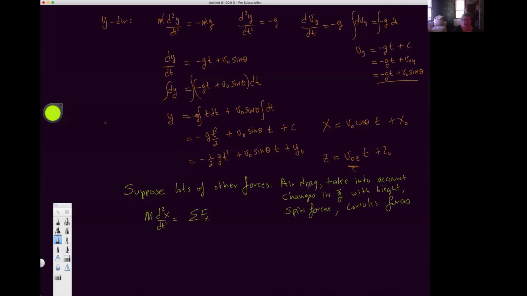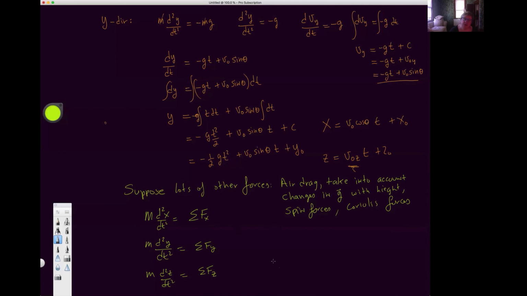So maybe the air drag is somewhat in the x direction, and some Coriolis forces, some spin forces, and you have to tally them all up in here. And you have the second one, d squared y dt squared is equal to this, tallying up all the forces in the y direction, and d squared z dt squared, where you tally up all the forces in the z direction. So you have 3 equations here.